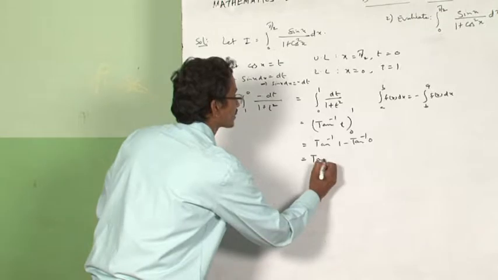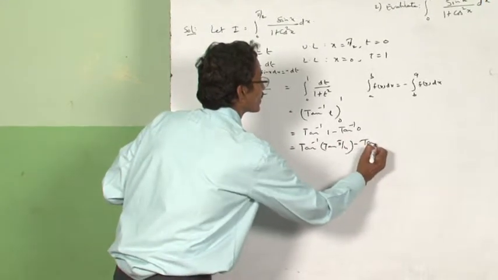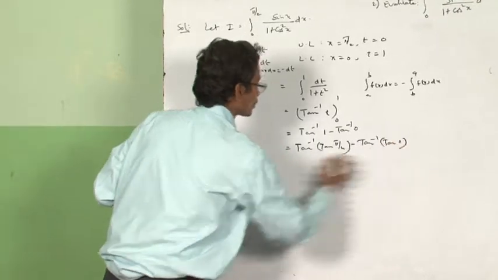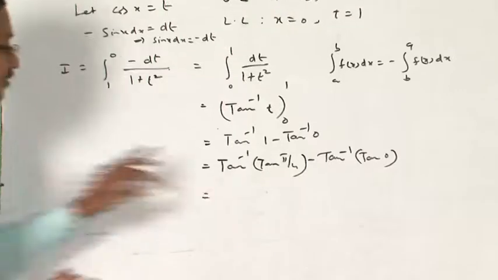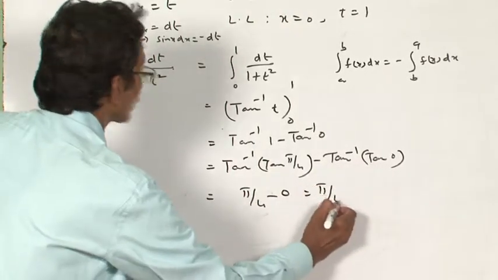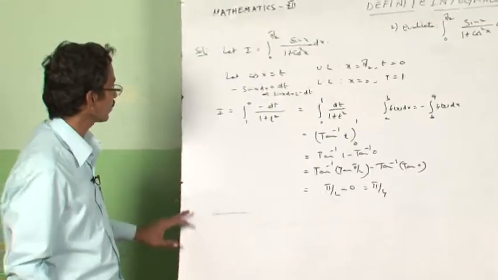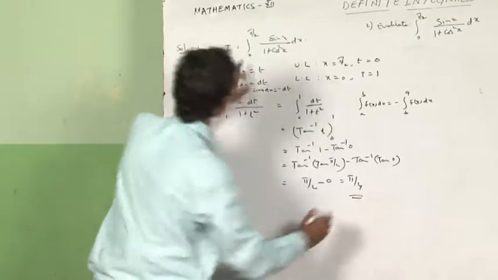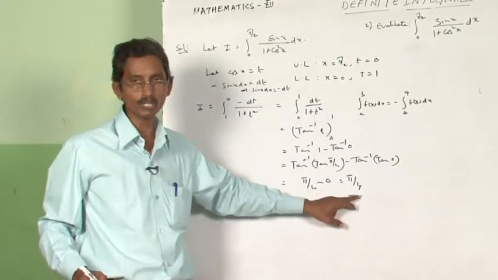So, I write this as tan inverse of tan pi by 4 minus tan inverse of tan 0. So, tan inverse of tan theta is equal to theta. So, this value is pi by 4 minus 0. Hence, the value of the given definite integral is equal to pi by 4. Therefore, the value of the integral from 0 to pi by 2 of sin x dx by 1 plus cos square x is equal to pi by 4.